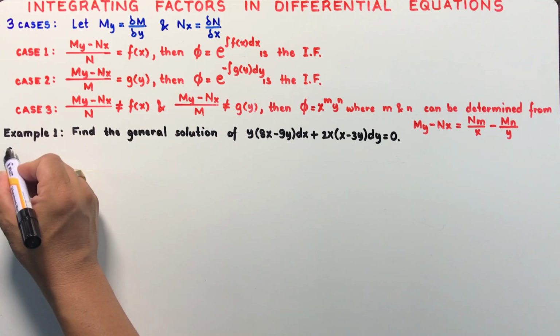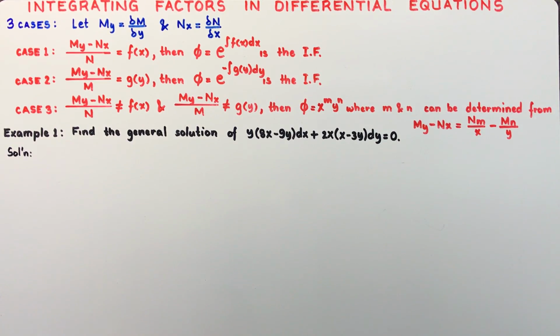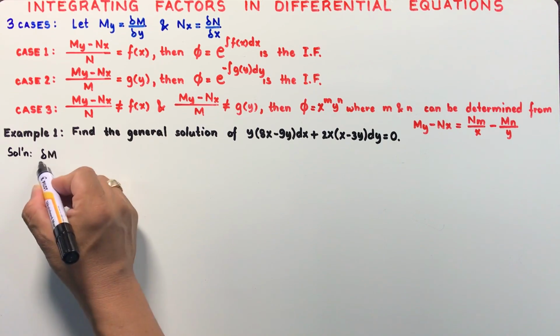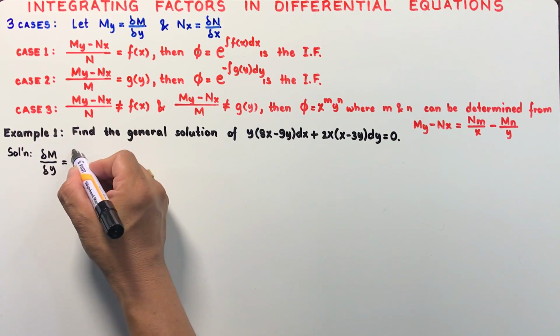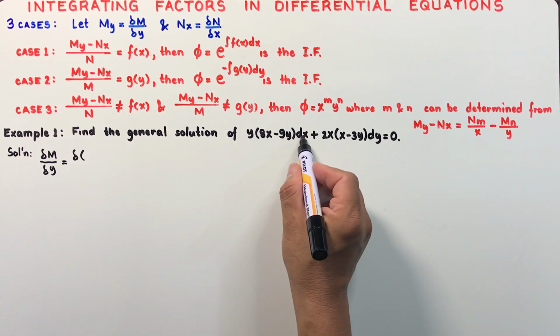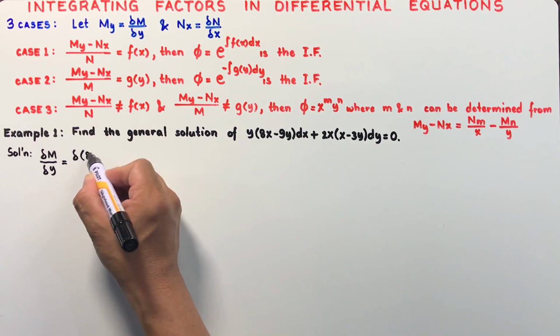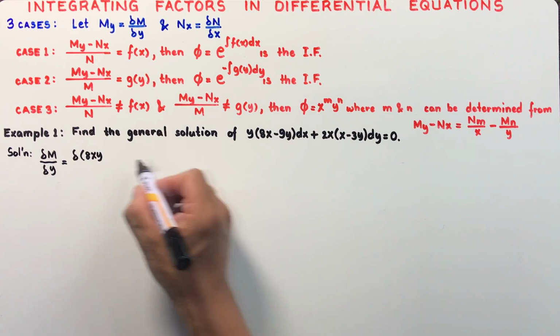To prove that, we need to solve the test for exactness, which is the partial derivative of M with respect to y. We know that our M here is the multiplier of dx. So we have 8xy and minus 9y squared.